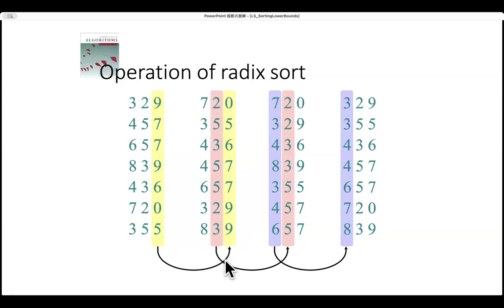And at the conclusion of the second loop, okay, let's not look at the most significant digit. 我们先不要看那个百位数的。Let's just look at the other two digits. Look at here. 20, 29, 36, 39, 55, 57, 57.